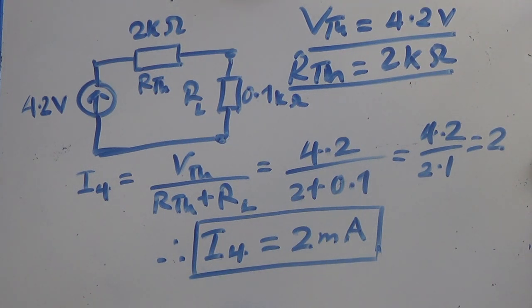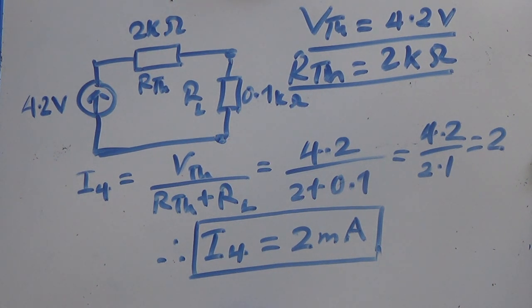So in summary, you need to find the voltage across the resistance that they have identified as the resistance where they say find the current through.